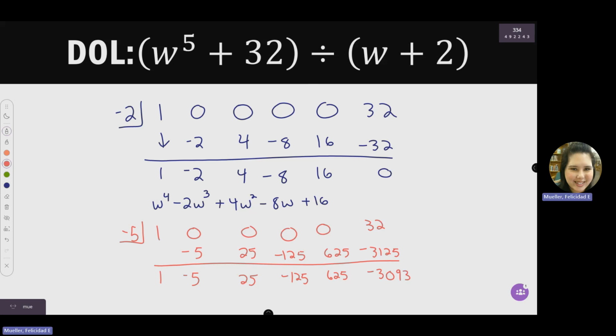So that would be w to the 4th minus 5w cubed plus 25w squared minus 125w plus 625 minus 3093 over w plus 2. Yes, I was lazy when I wrote that minus last one. Just to go and show.